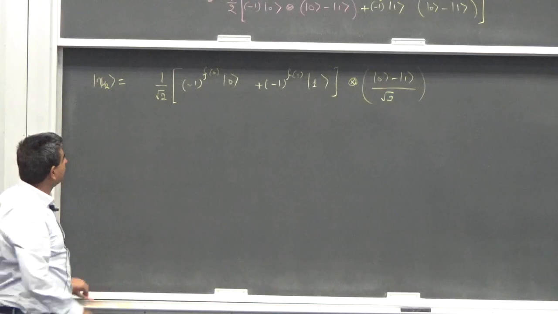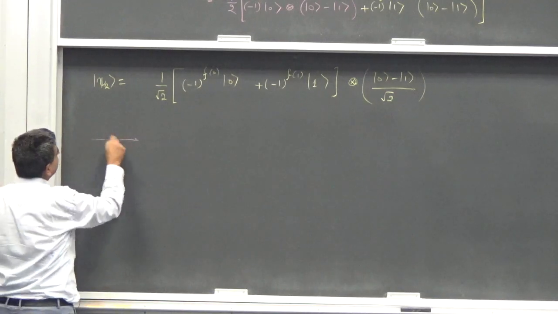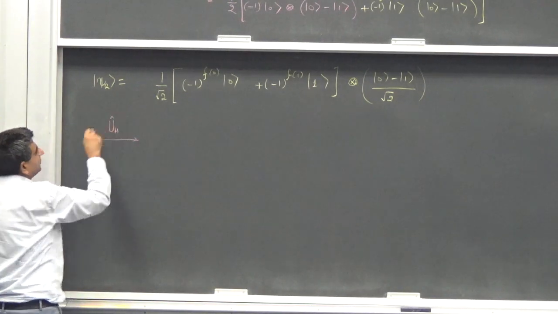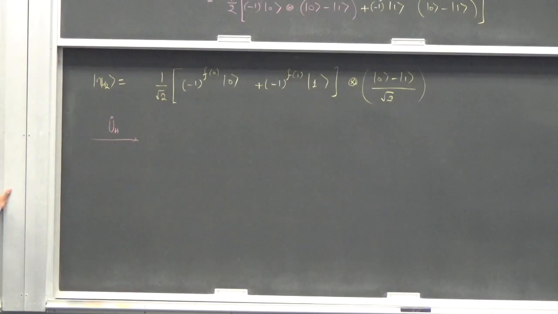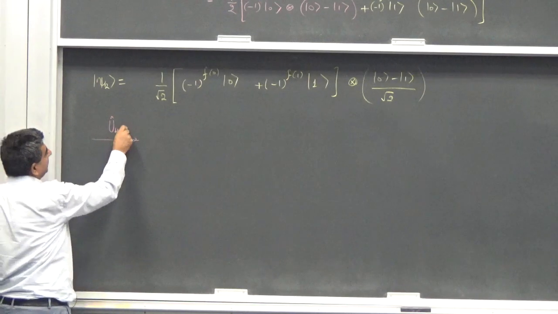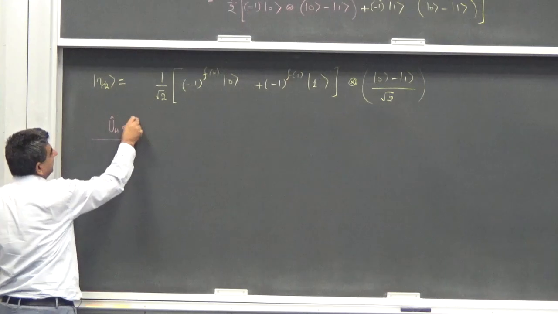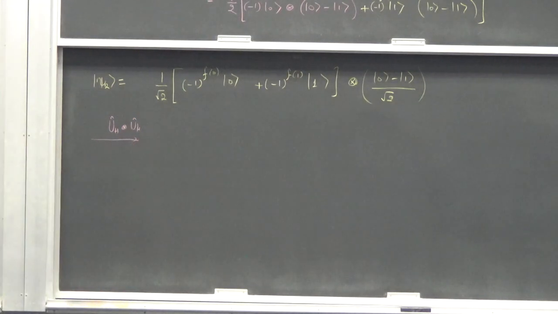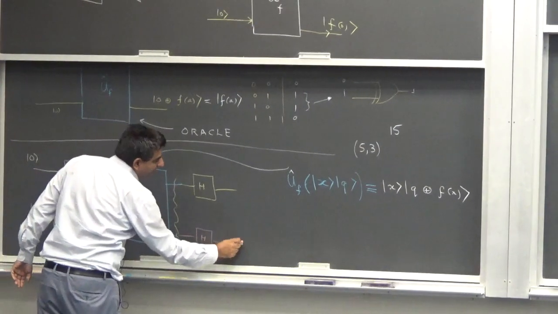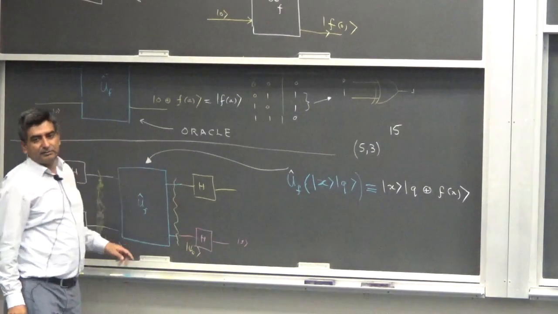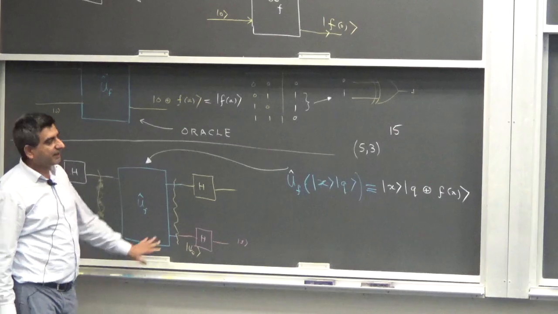So now I would like to apply a Hadamard gate. On this psi 2 I apply the Hadamard operation just on the first qubit. And if I want I can apply a Hadamard gate on the second qubit as well, but it doesn't really matter. What this Hadamard gate would do is bring this state back to |1⟩, but that's not really needed.